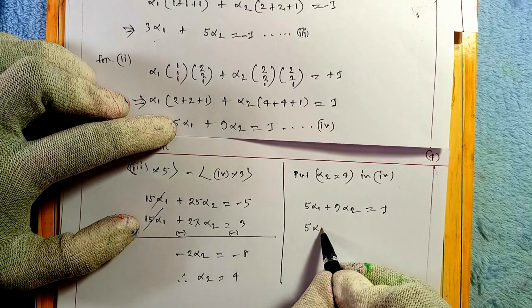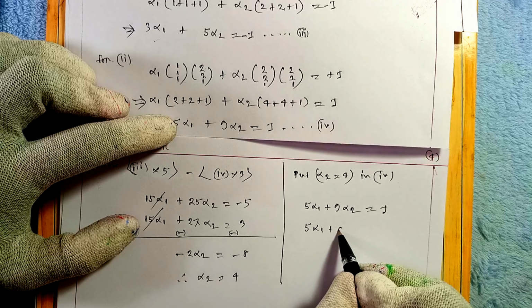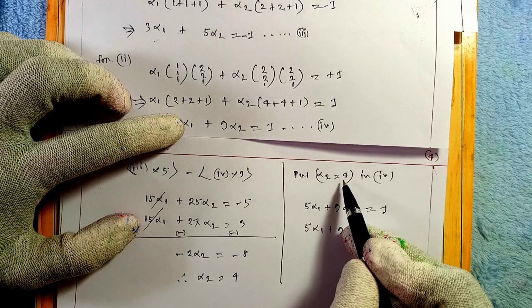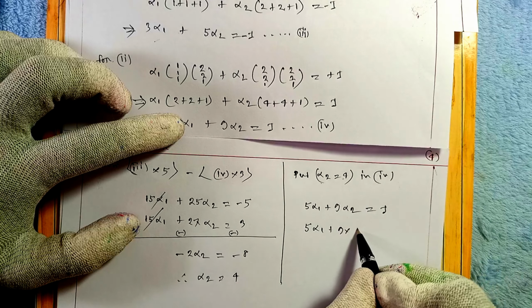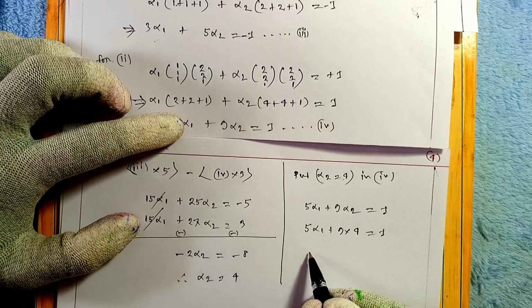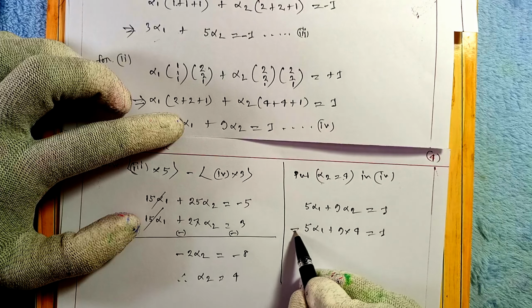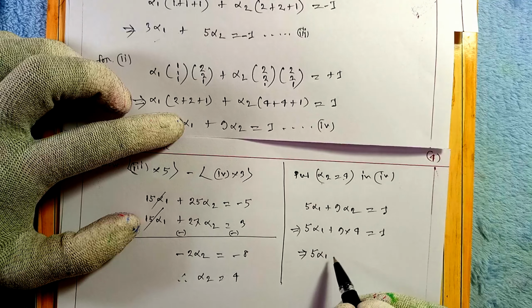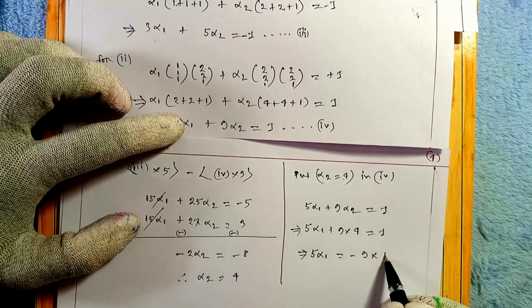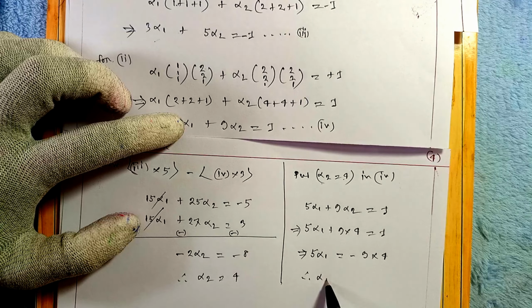So 5 alpha 1 plus 9 into 4 equal to 1, so 5 alpha 1 equal to minus 9 into 4, alpha 1 equal to minus 9 into 4 by 5.